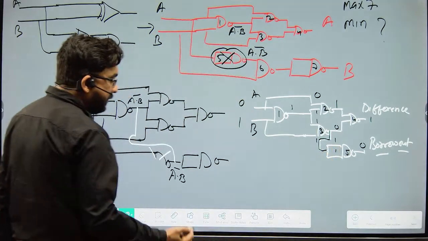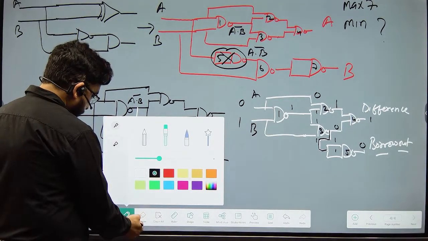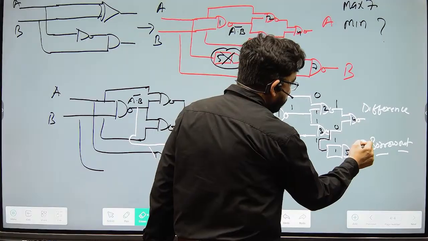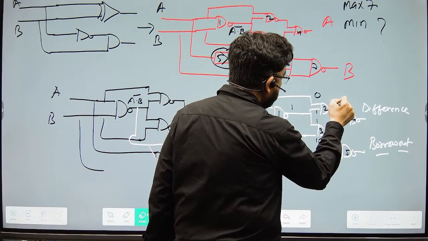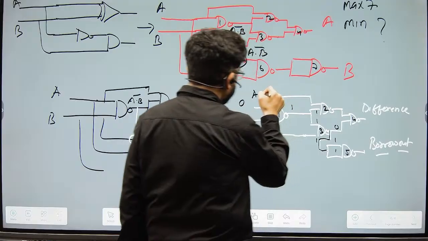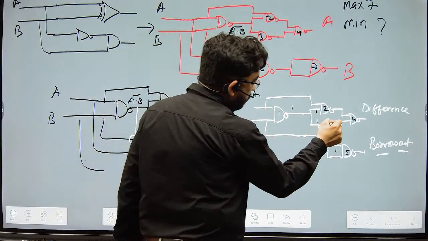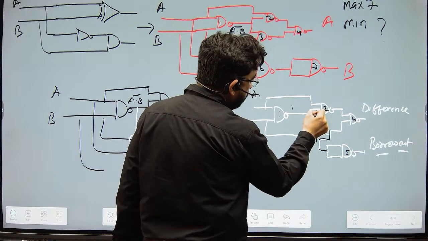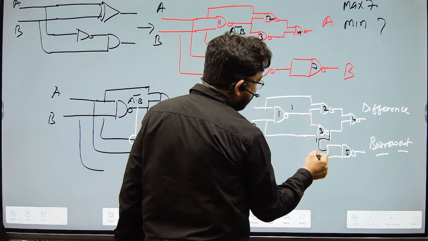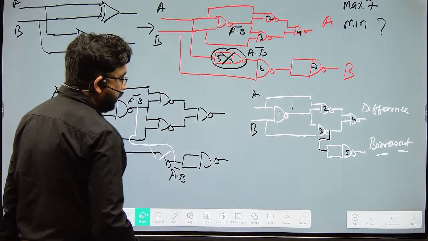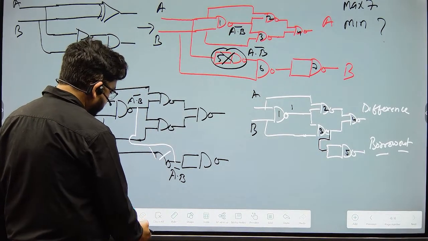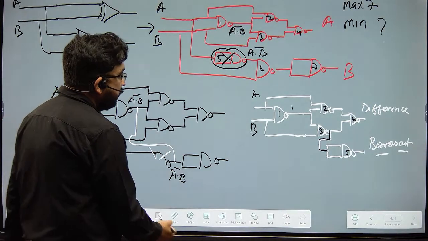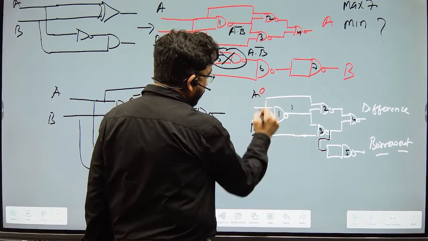Okay, now let's see the output. Let's check the output of all of them. Okay, let's see. Okay, so check the same 0 1, 0 and 1.